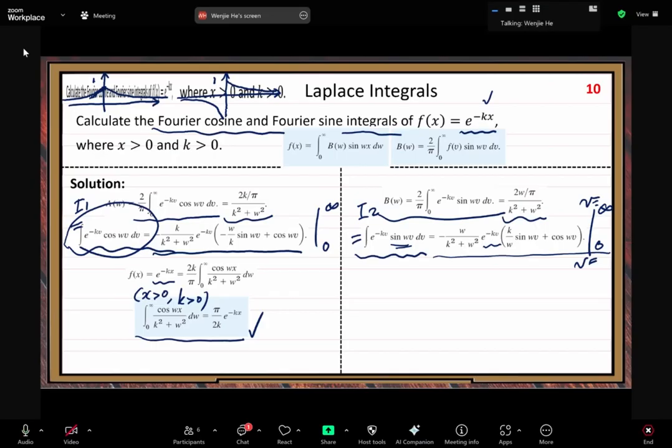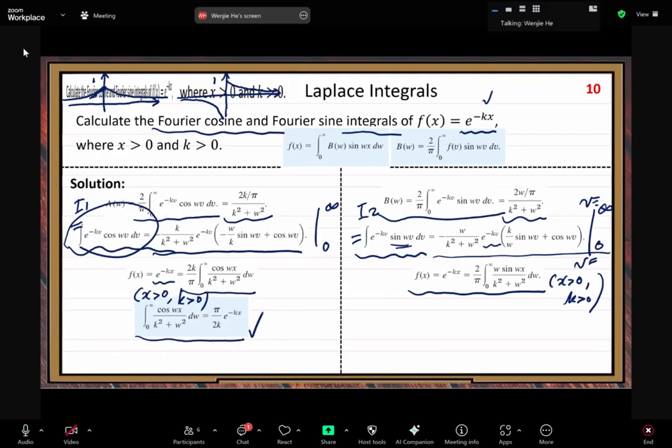So then you have another version to represent the same function. Because this function, you also consider x positive, k positive. You can see the same function, but you have two different representations. One the cosine way, another the sine way.